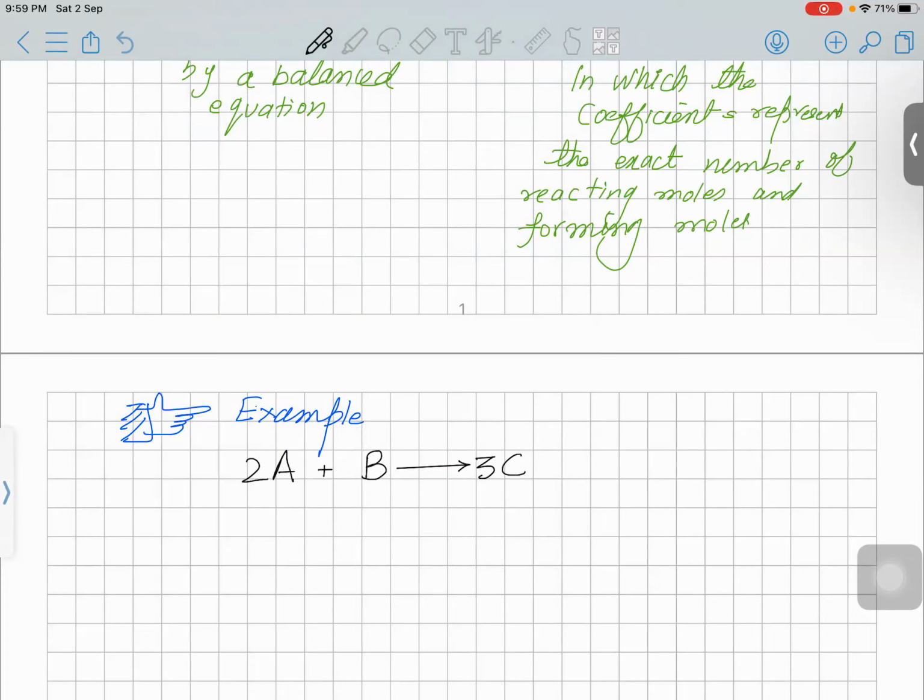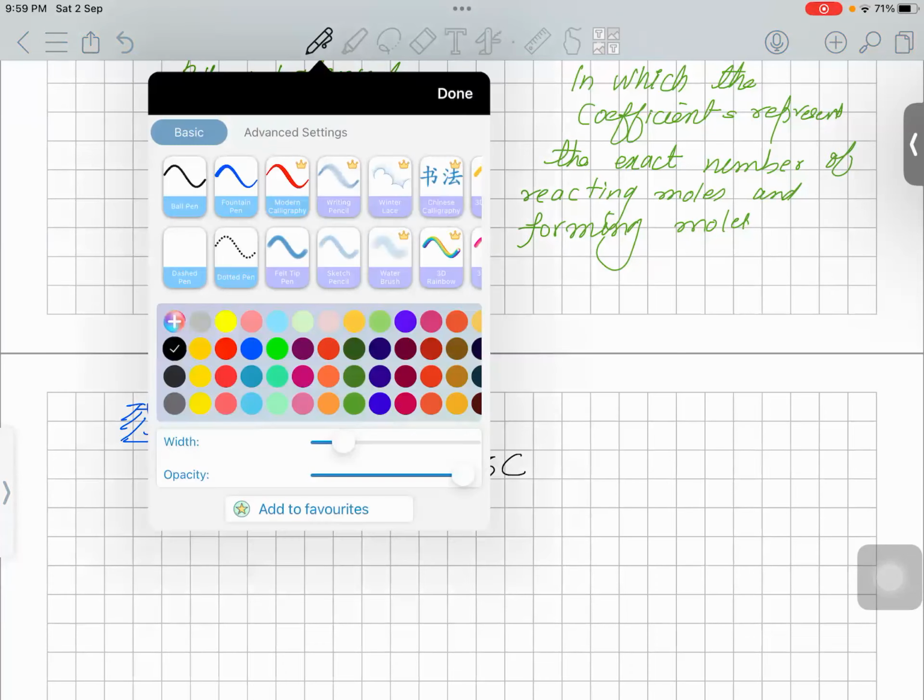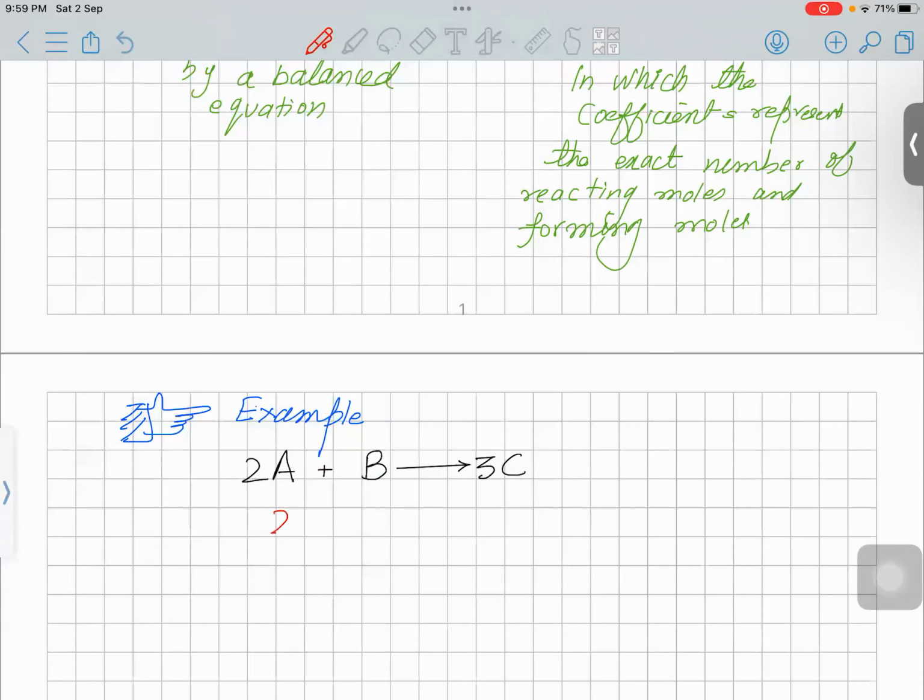Sir, 2 is to 1. Yes, 2A, 1B, exactly a 2:1 ratio. The ratio is 2:1, and the product formed is 3. This is called molar ratio.